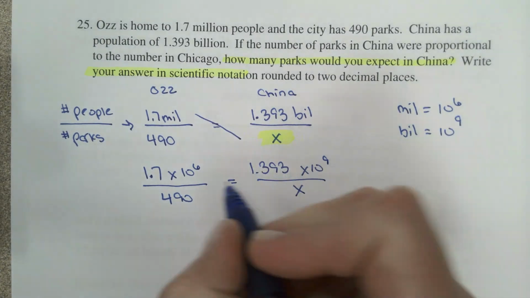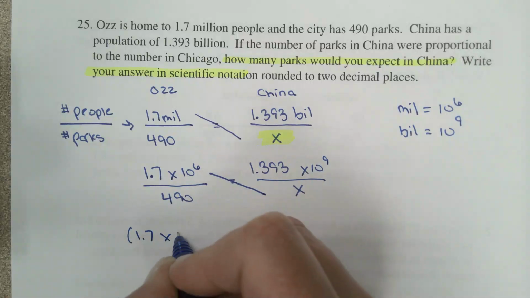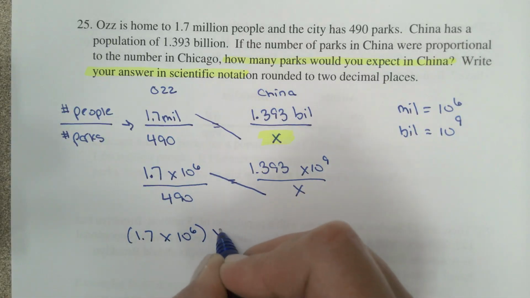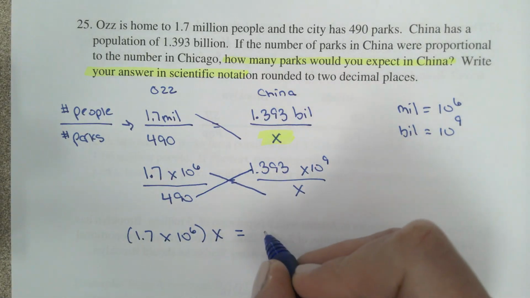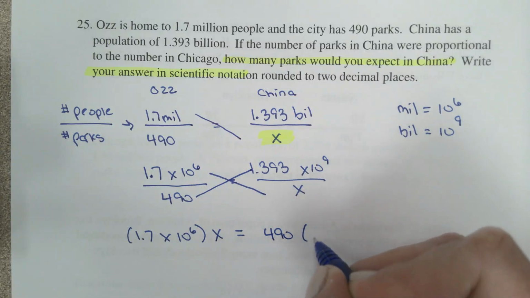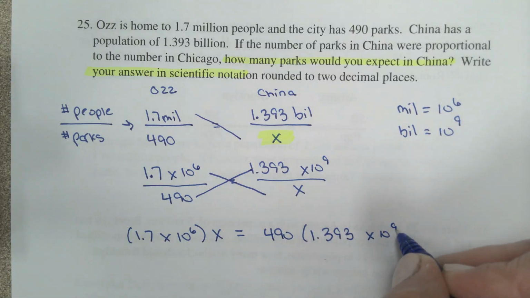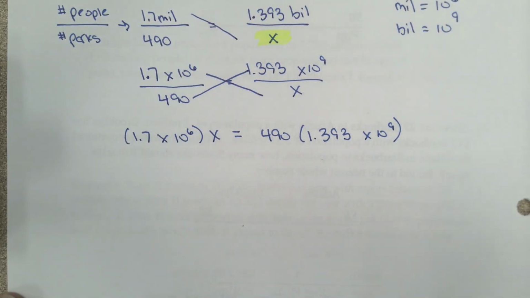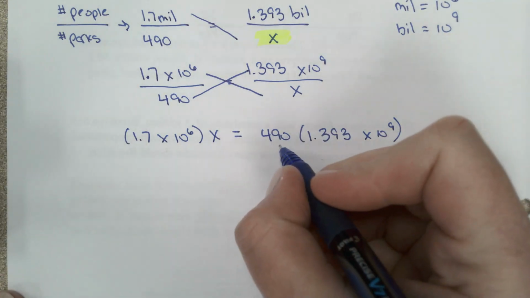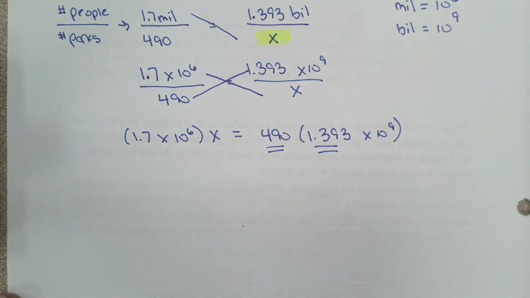Now I'm going to cross multiply. So that times x is 1.7 times 10 to the 6th x equals, cross multiply that, 490 times 1.393 times 10 to the 9th. All right, so what I do know is that that number and that number are your plain old numbers.